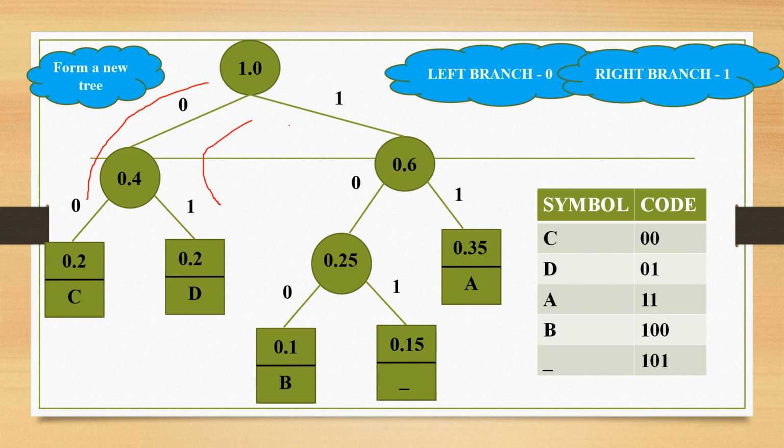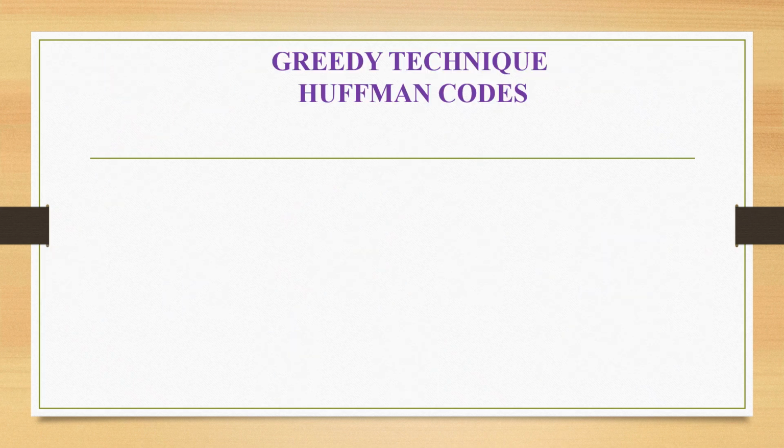For B it is 100. For A it is 11, and for the hyphen it is 101. See here, the codes have different numbers of digits, so it is called variable length coding.